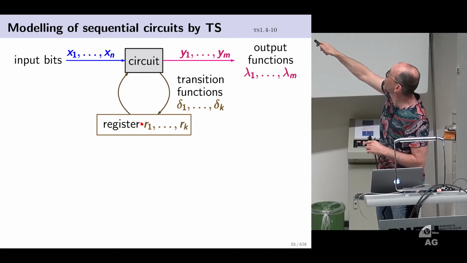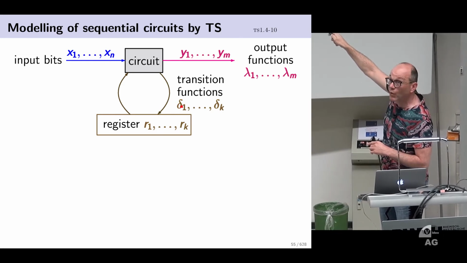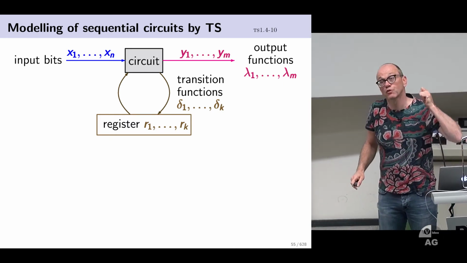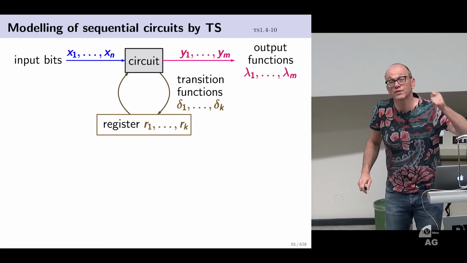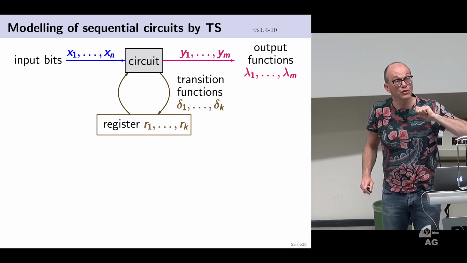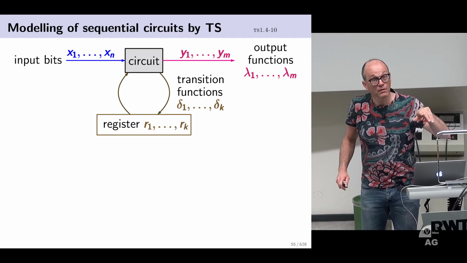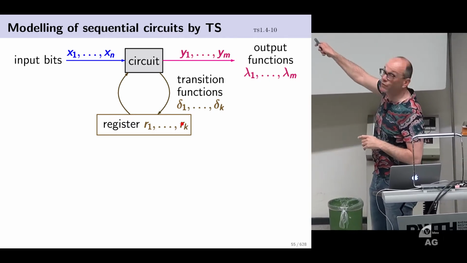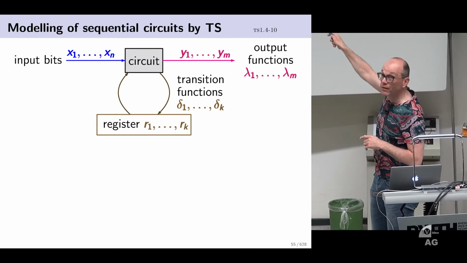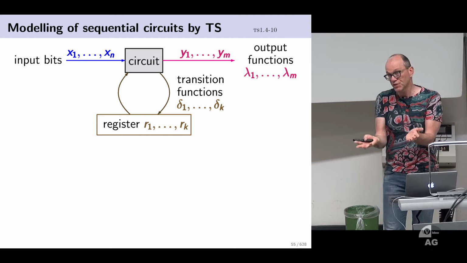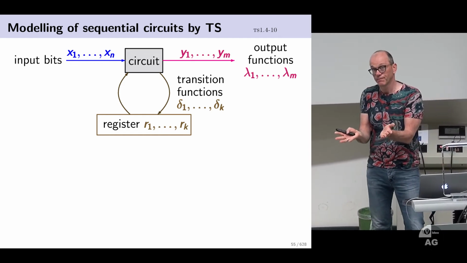So for register 1, I have a function delta 1 that tells me if I provide the circuit with a new input, what is the new value of register 1? The same for register 2. I have k registers, so I have k functions. For every register, I have to tell you how the register is going to change.